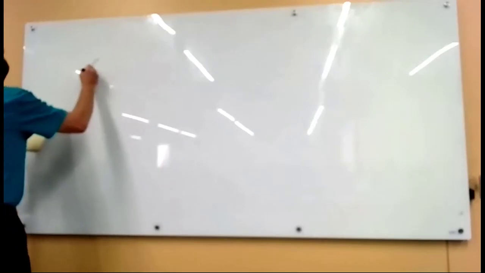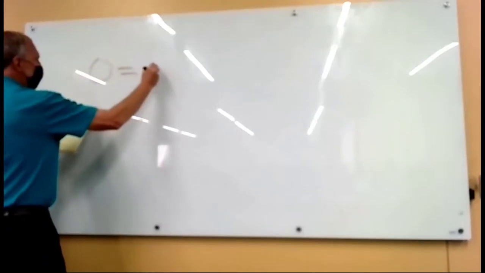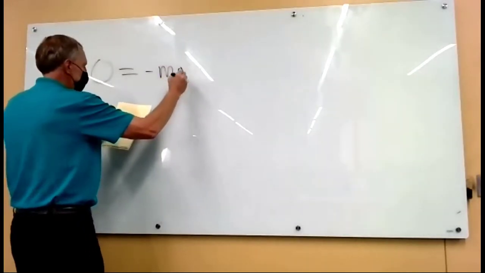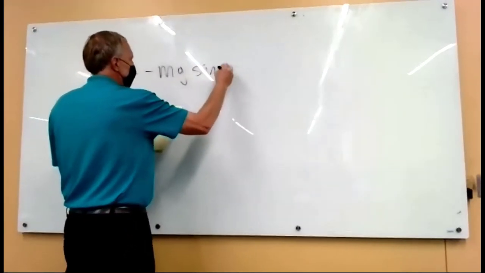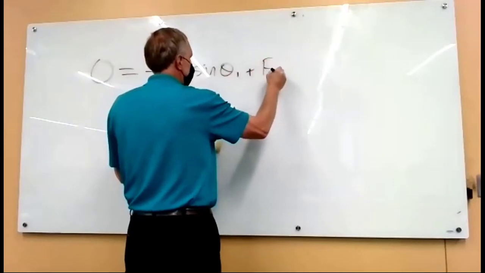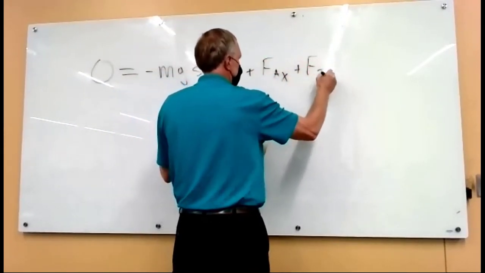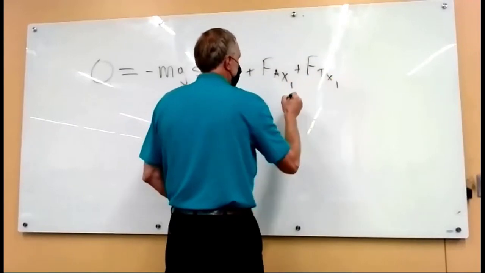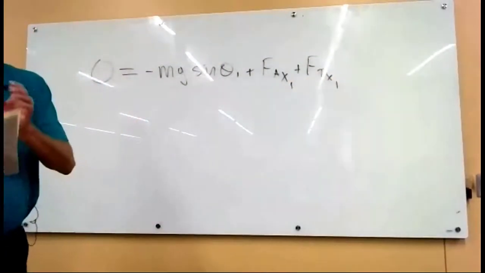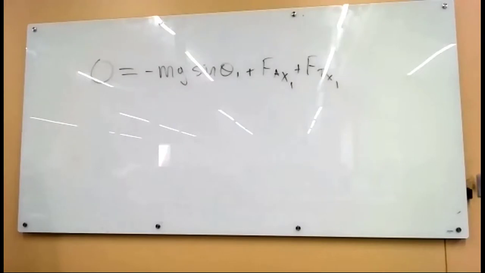All right, the first one says 0 equals minus mg sine theta plus FAX plus FTX. Oh, by the way, did you notice in the steady state equations there's a 1 put on there? That's how he indicates steady state values in the book.